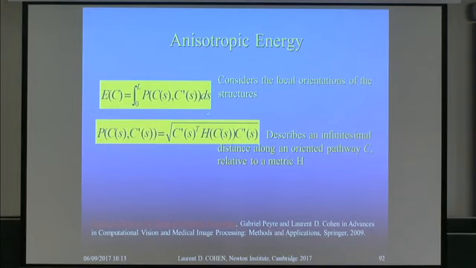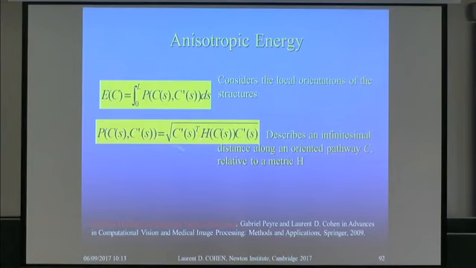And the nice thing is that you are able to extend what we did for isotropic to anisotropic. Here the relevant way to define this anisotropy is a Riemannian metric, where H here is the tensor field defined on the image domain.